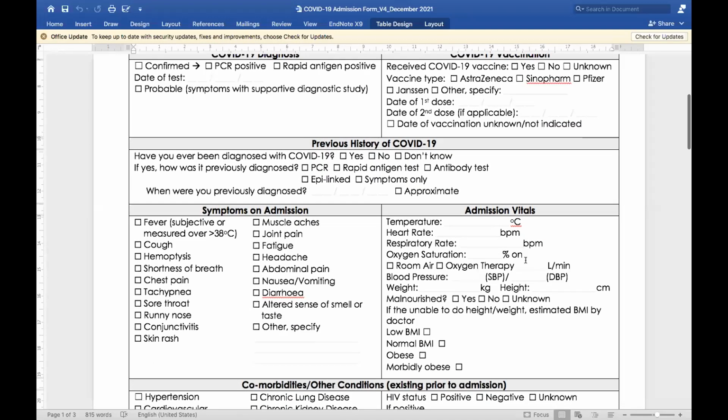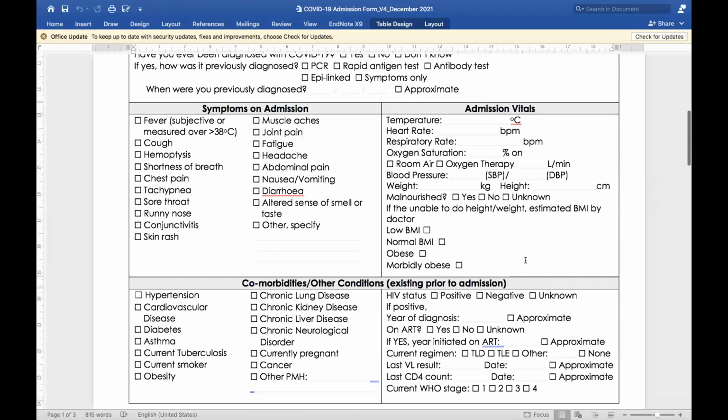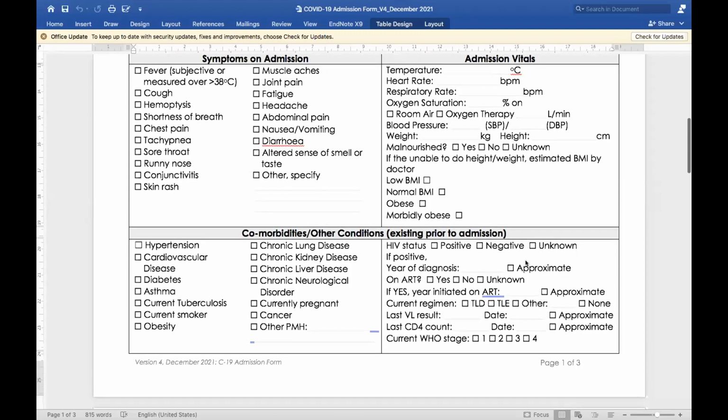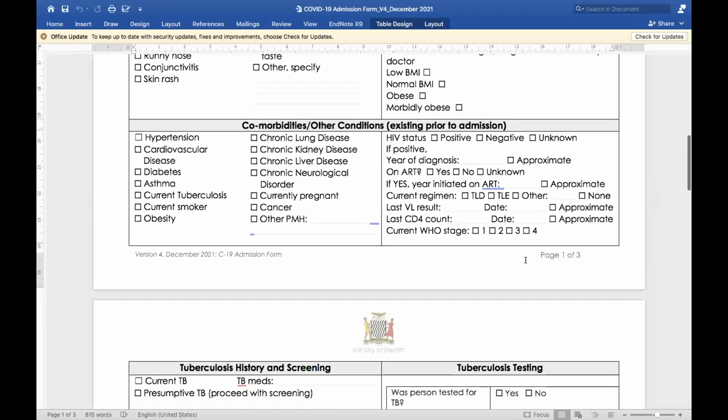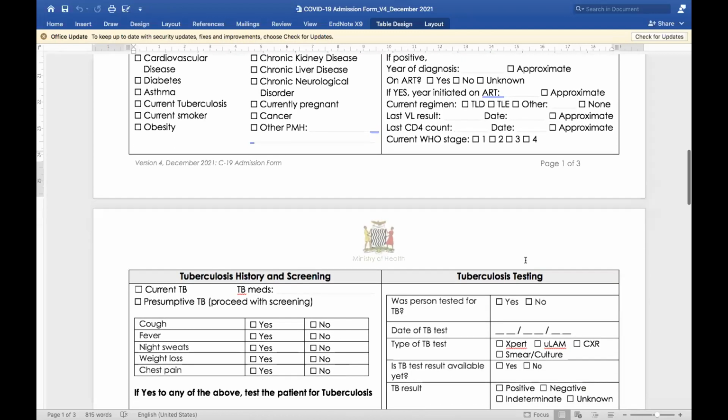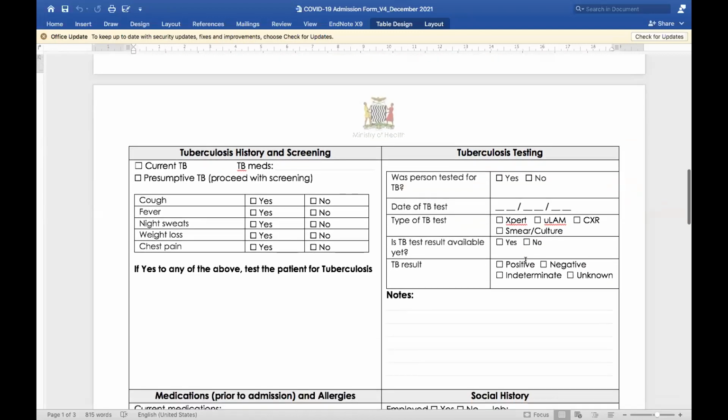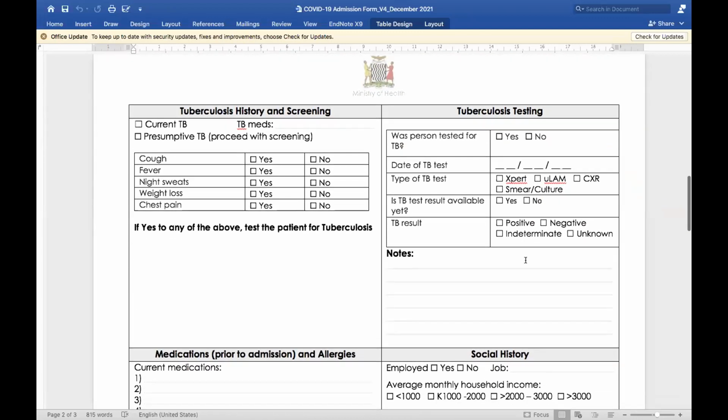Among the highlights is the importance of screening for tuberculosis in these patients. As you noted, some of the drugs are actually contraindicated in people with active TB, and that drug is baricitinib. So all patients that are admitted to the ward need to be screened and tested for TB.